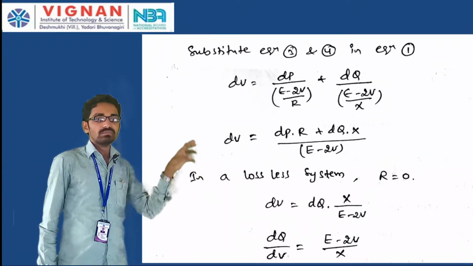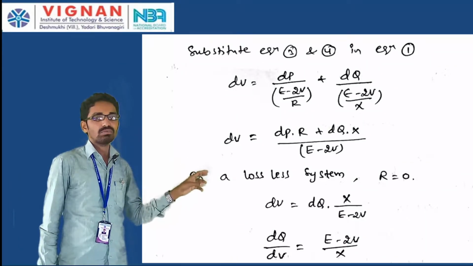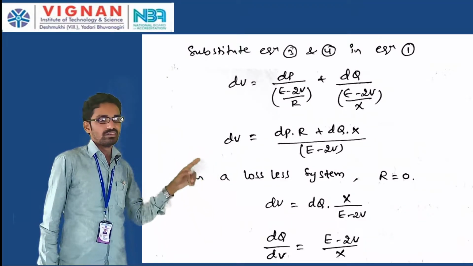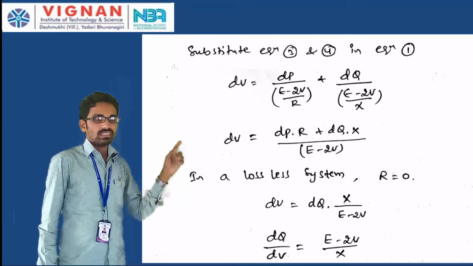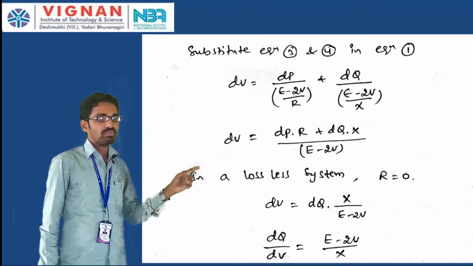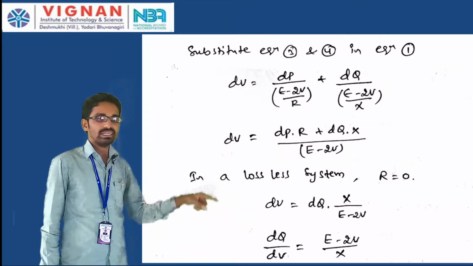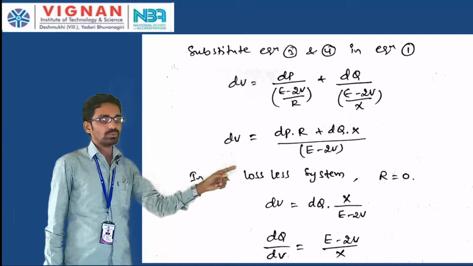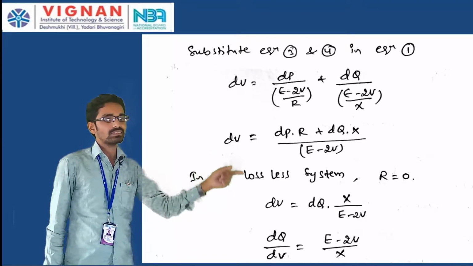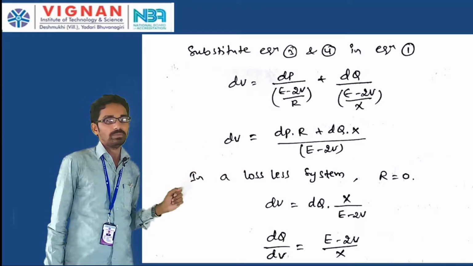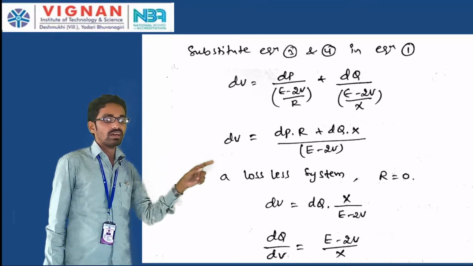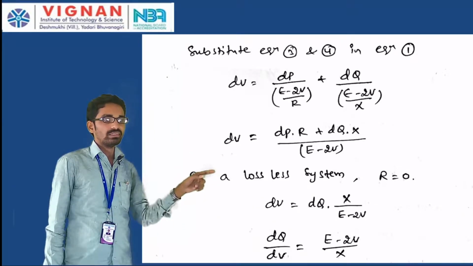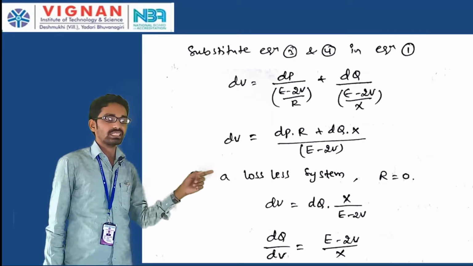So, the relation between the real power and reactive power at a node with respect to the voltage is this equation: dV = (dP into R + dQ into X) by (E - 2V). That is the relation between voltage, real power and reactive power at a node.